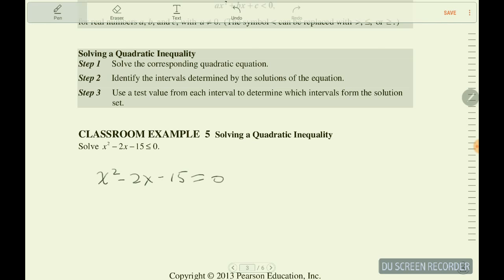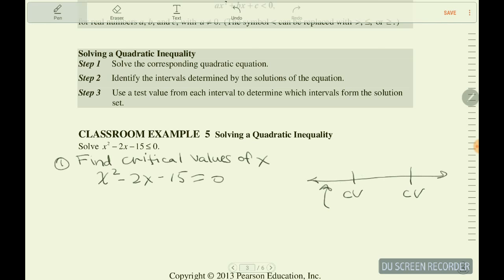So my first step is to find critical values of X. These critical values of X are going to divide up my number line into regions where I may or may not have X values which would make this inequality a true statement.